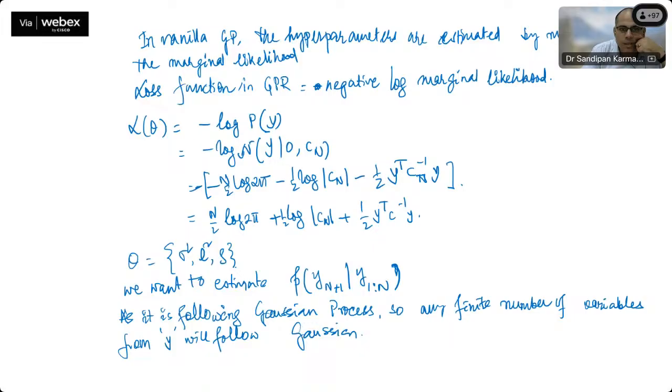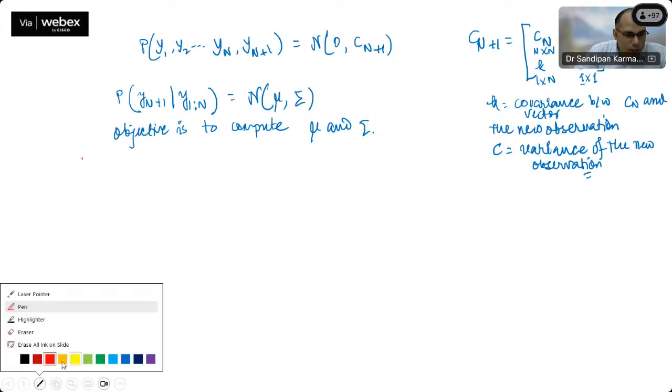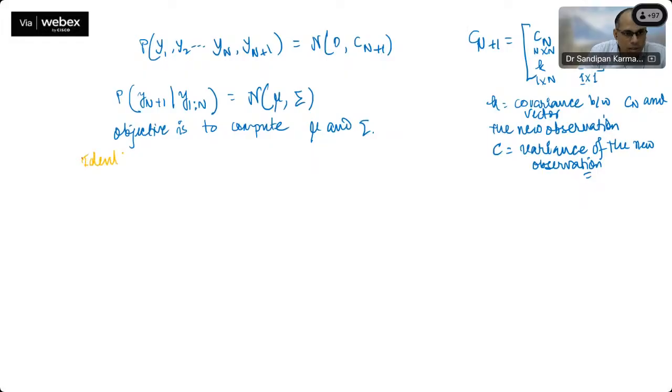Okay, so let me write down what identities are required. The identities required are as follows. First, P of A comma B, if it is normally distributed with mean 0 and gamma AA, gamma AB, gamma BA, gamma BB.